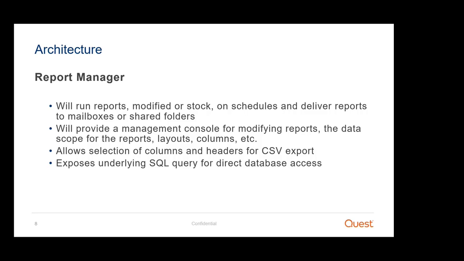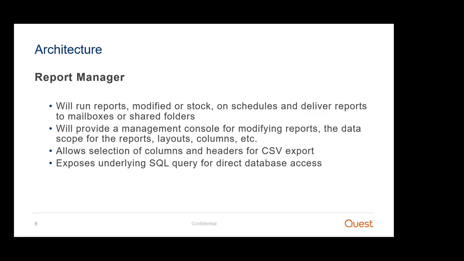This will provide a management console for those users so they can modify the reports, the data scope for the reports, such as any kind of filters that they're using, changing the layout, the columns, anything that's necessary. And then we also allow the selection of columns and the headers for the CSV report.